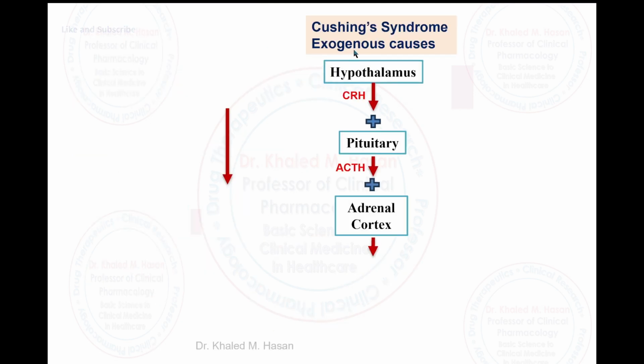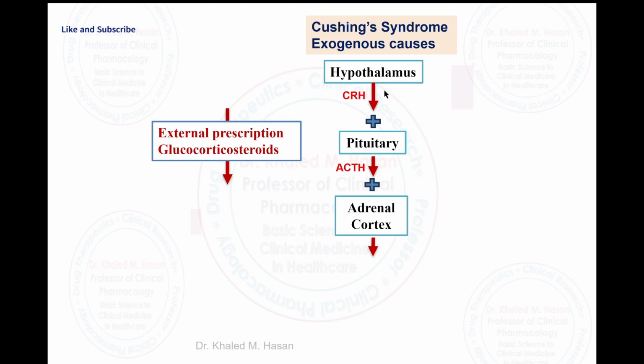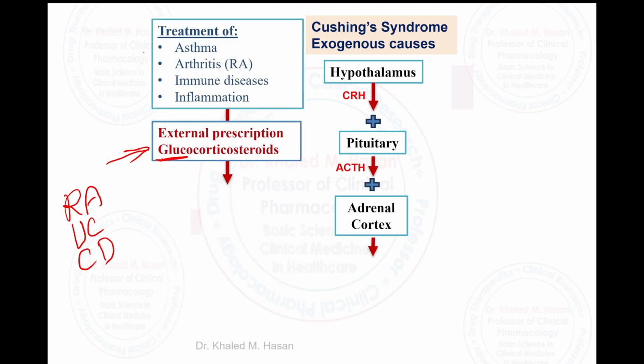About exogenous causes, we have medication. The patient comes to the clinic with rheumatoid arthritis, ulcerative colitis, or Crohn's disease, and you prescribe cortisone to your patient from an external source. Normally you prescribe it for asthma, arthritis, and immune inflammatory disease. It could be oral.